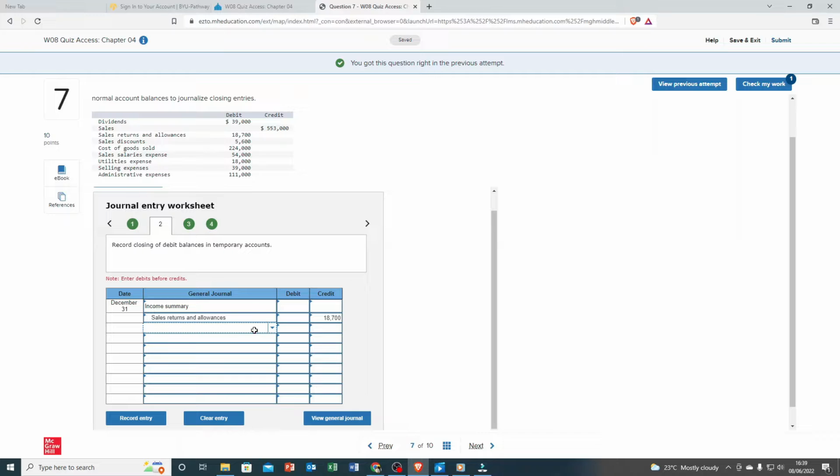We have sales discount, 5,600. That's for the sales discount. Cost of goods sold, this figure here.